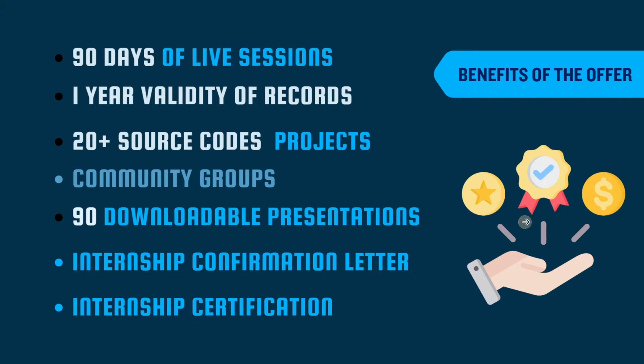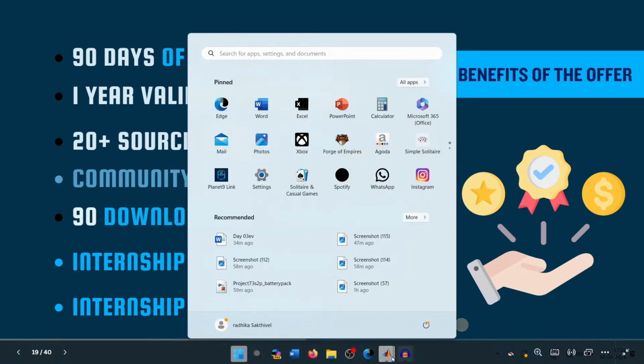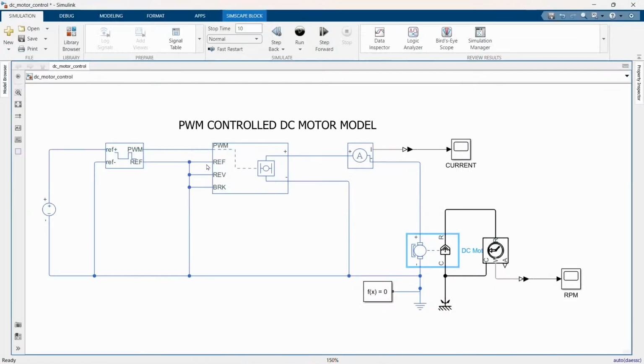So now I am going to run this simulation model. Just run this simulation model. Let's see the output.